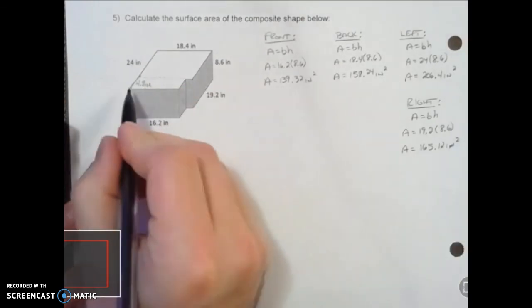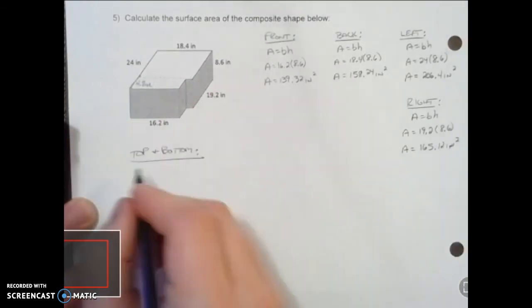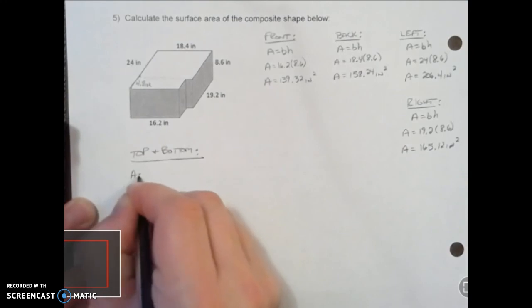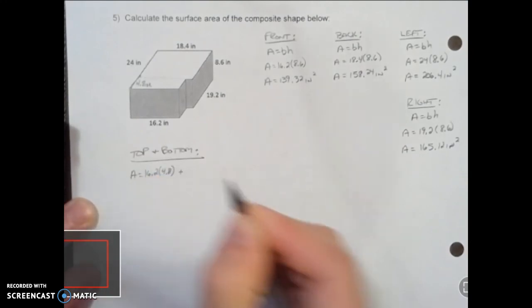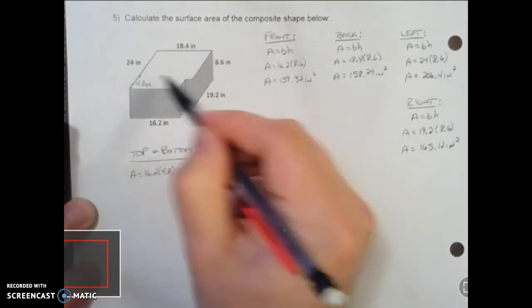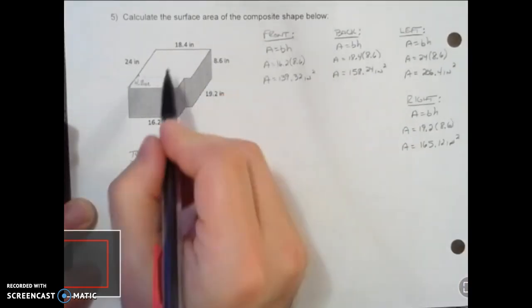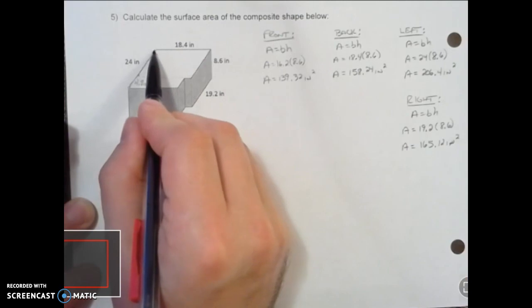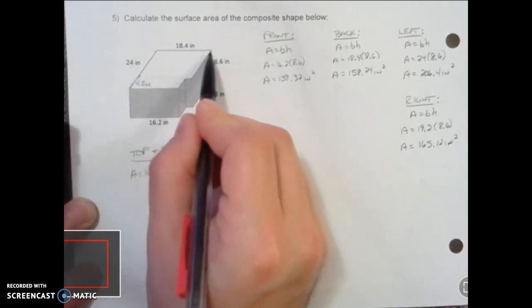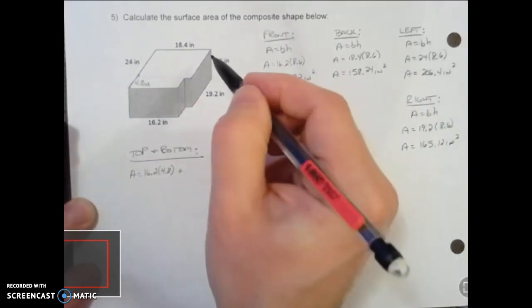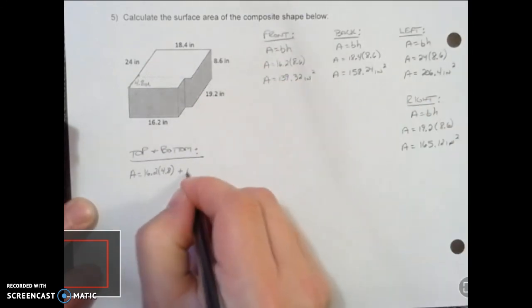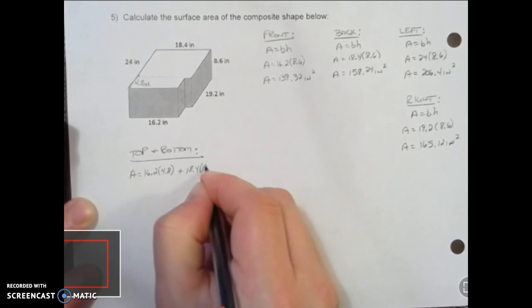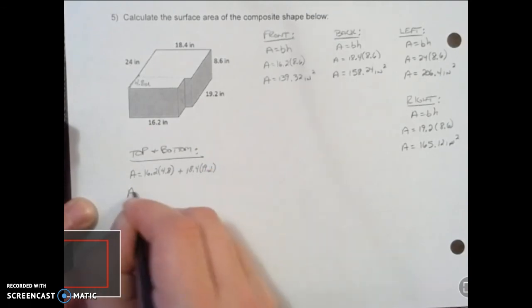Now I know for this little rectangular piece, the area is going to be 16 2/10 times 4 8/10. But then I've also got to add it to this rectangle found right here. I know that this entire length is 18 4/10 inches, and I just said that this was 19 2/10 inches, so I'll have 18 4/10 times 19 2/10, and I'm going to combine these values.